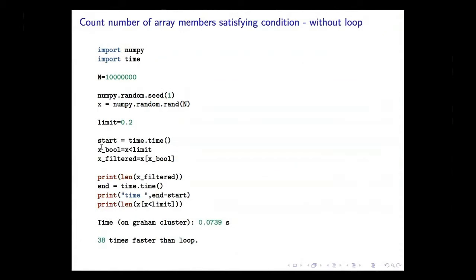It turns out that I can generate an array of booleans from imposing some kind of a condition on an array. So here is my array x, which consists of a bunch of numbers between 0 and 1. Now this x less than limit will in practice generate a new NumPy array which consists of just true and false values of the same length as x.